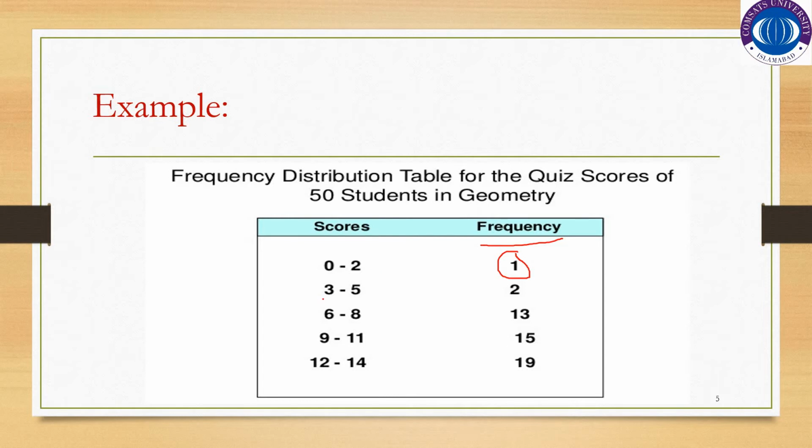Similarly, when we go to the next class 3 to 5, then the frequency is 2. It means there are 2 students in the class of 50 who have marks from 3 to 5. Similarly, when we go to a class 9 to 11, there is a frequency of 15. There are 15 students in the class whose marks lie between 9 and 11.